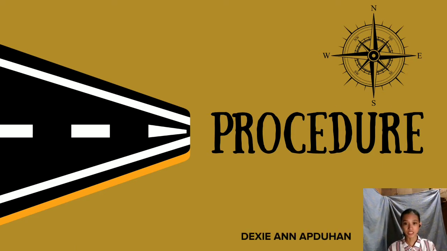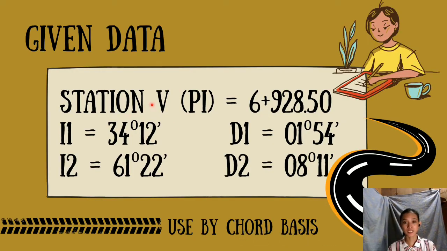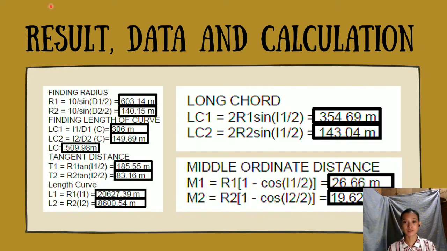Moving on to the procedure. This is the data we were given to solve using the chord basis. Substituting the given data to the chord basis formula, we were able to get the values of the radius and the length of the curve for the simple curves.